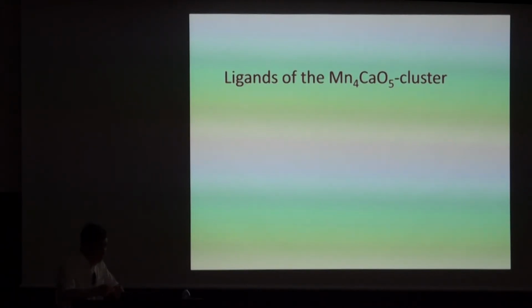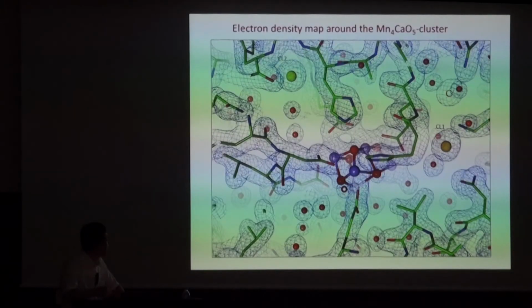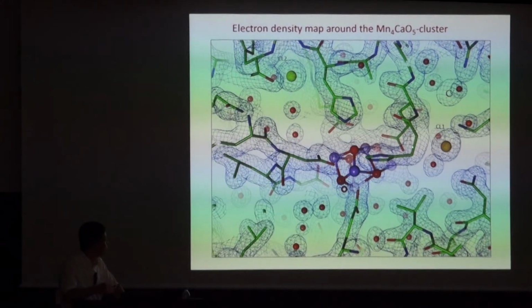And the immediate environment of the catalyst is provided by its direct ligands from amino acid residues. And these are the structures, the electron density we obtained for the surrounding protein amino acid residues and the water molecules. As you can see, we can clearly determine the structure of the protein and the water molecules.